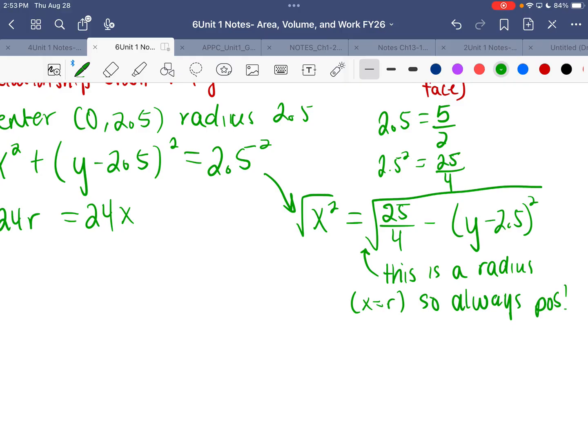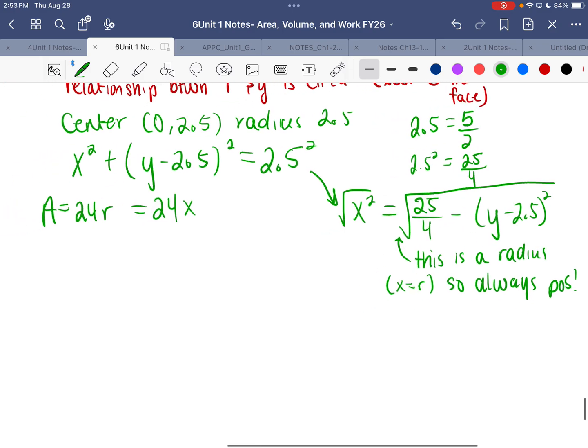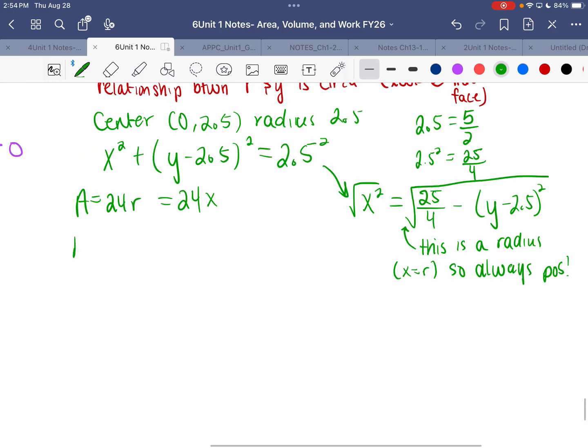Radiuses are always positive. They're lengths, distances that you needed to travel. Eventually, they'll be vectors. So our area formula is 24 times the square root of 25 over 4 minus y minus 2.5 squared.